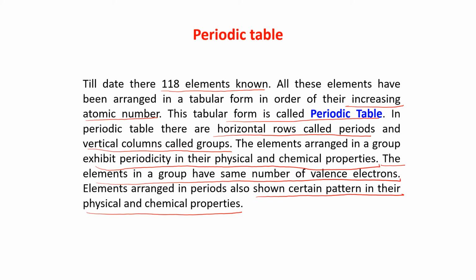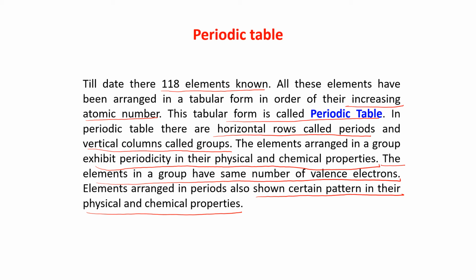Okay, so here just you know that there are 118 elements. They are arranged in a particular manner in tabular form in order of their increasing atomic number. This is very important, increasing atomic number, and that tabular form is called periodic table.